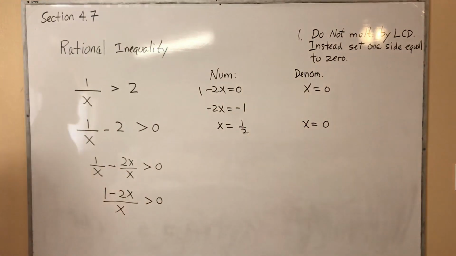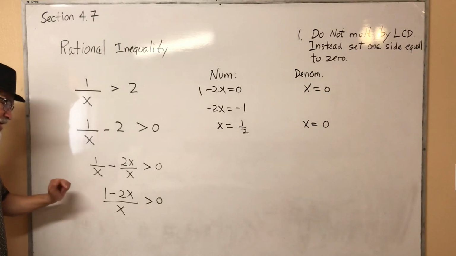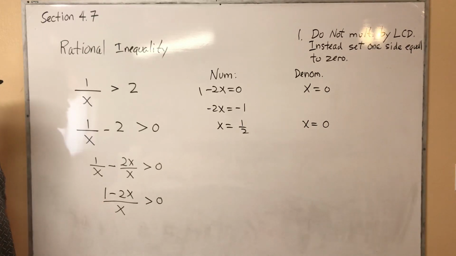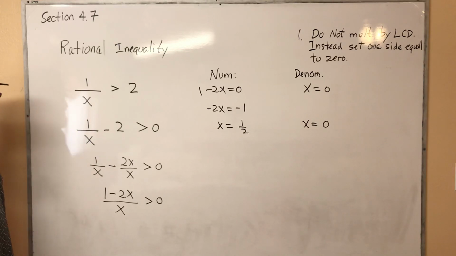So note what makes the numerator 0 and what makes the denominator 0. For the numerator, x equals a half makes the numerator 0. In the denominator, x equals 0 makes the denominator 0.